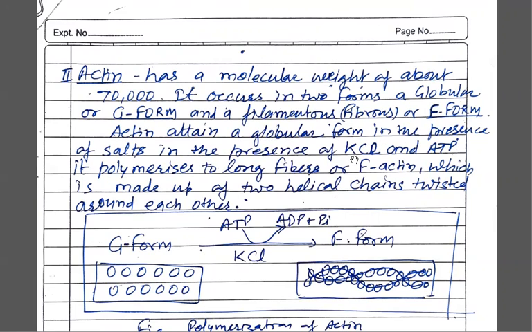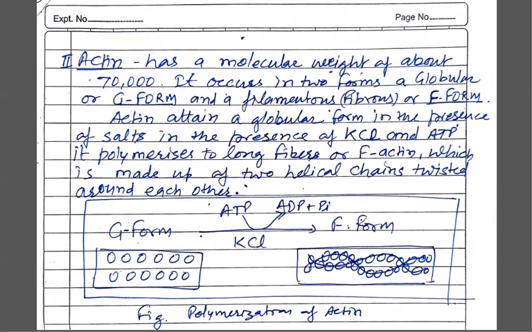In the presence of KCl and ATP, it polymerizes to long fibers, or F-actin, which is made up of two helical chains twisted around each other. These are the globular form and these are the filamentous form. In the presence of KCl and ATP, they make a string, and the strings coil around each other and form the fibrous form. This is known as polymerization of actin.